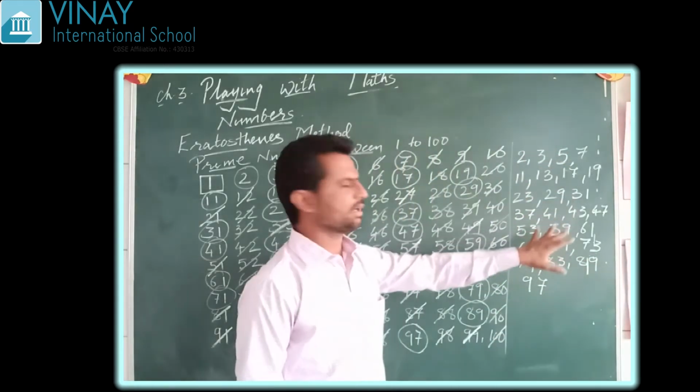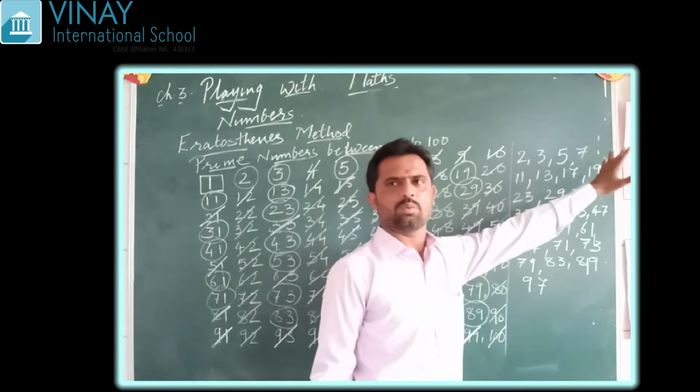So these are the prime numbers between 1 to 100.